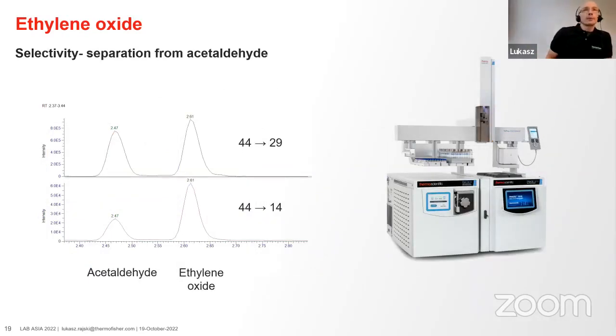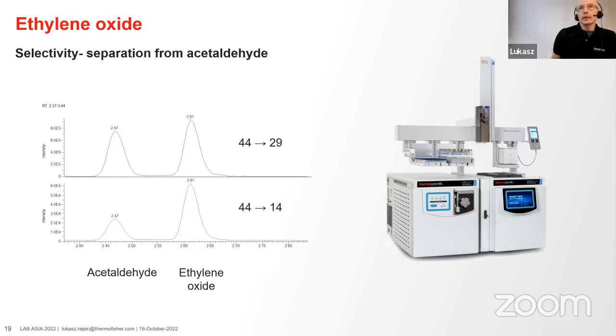I mentioned before possible interferences, and when you work with dry matrices like sesame seed and others, one of the most typical interfering substances is acetaldehyde. Acetaldehyde has exactly the same transitions as ethylene oxide.